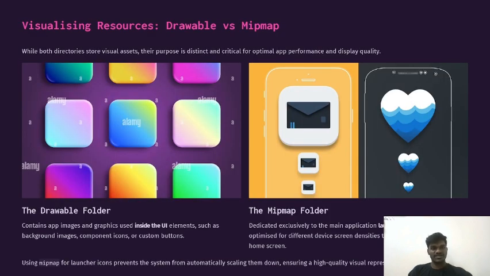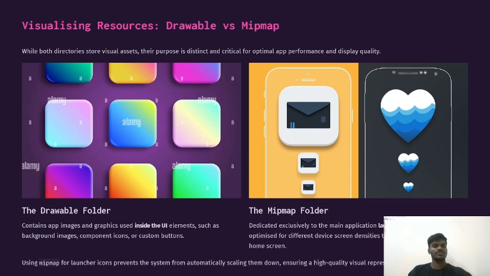Now, visualizing resources, the main difference between the drawable folder and the mipmap folder. Many beginners get confused between these two. So let's clear it up. The drawable folder is for images that appear inside the app, like backgrounds or buttons, and the mipmap folder is only for the app launcher icons, the icon which we see on the home screen.